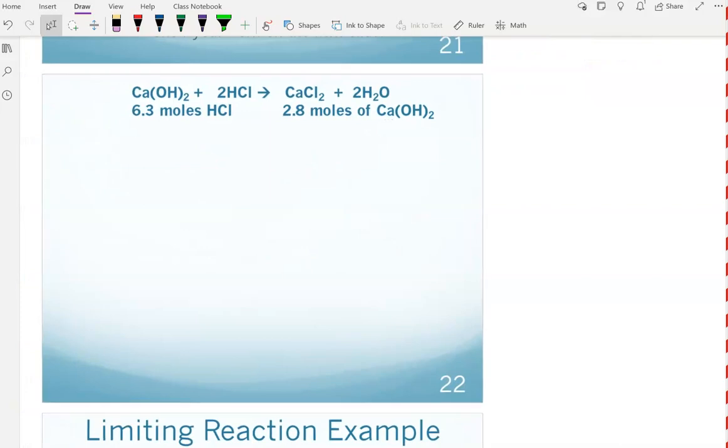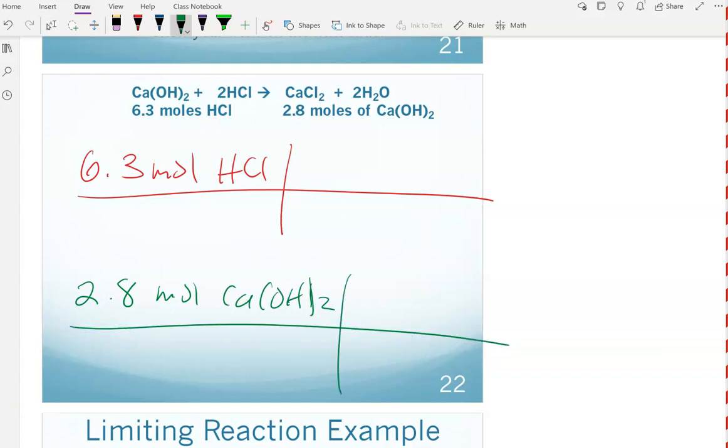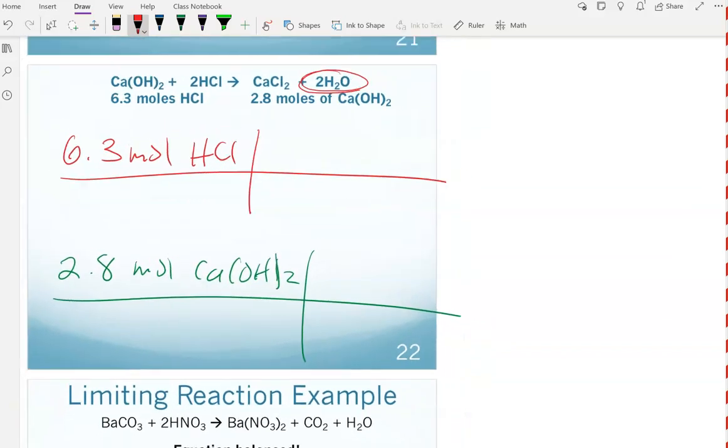So I'm going to do the same thing I did before: two picket fences, one for each reactant I was given. I have 6.3 moles of HCl and 2.8 moles of CaOH2, which is calcium hydroxide, and I'm going to convert both of those into water because that is the product the question is asking about.